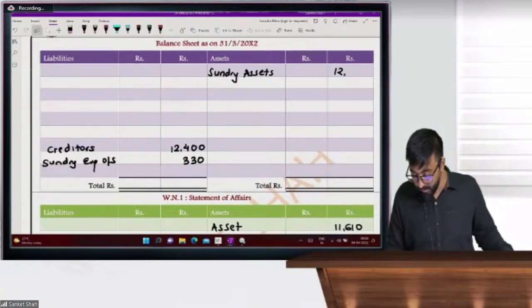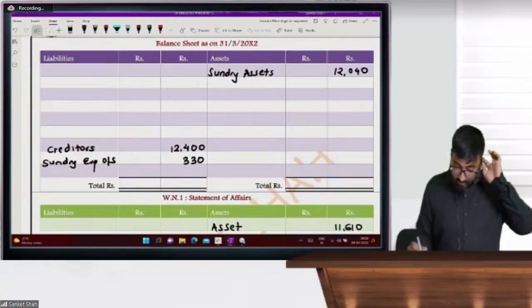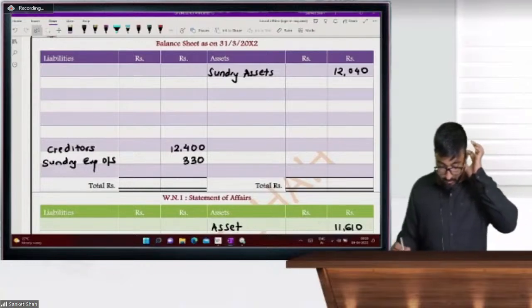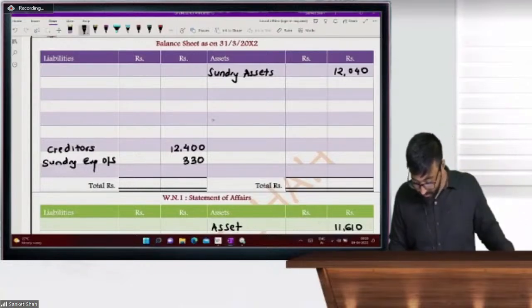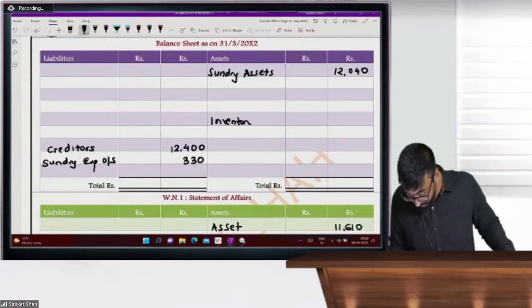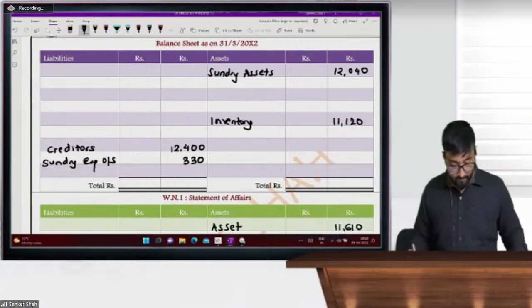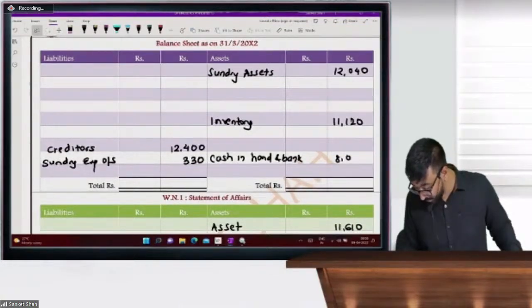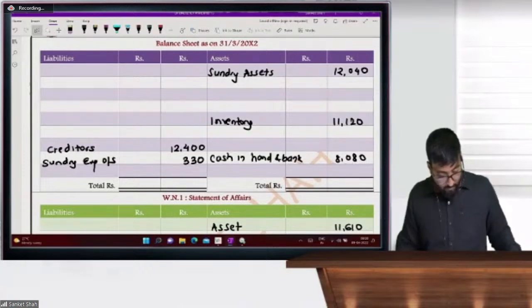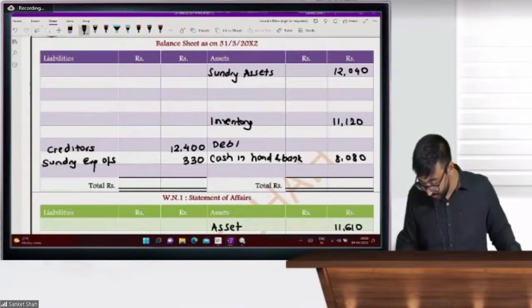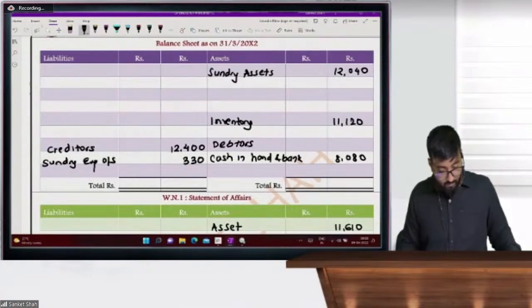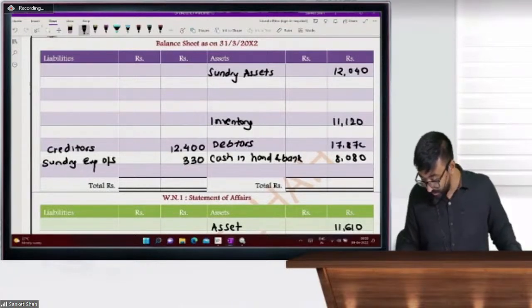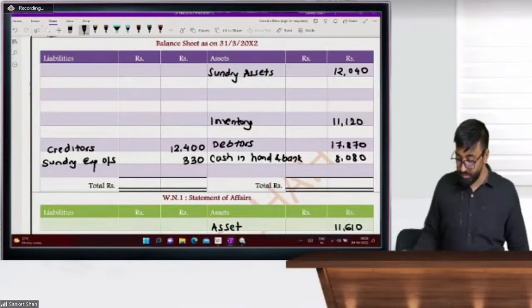Comma is important to save your timings of calculations. Inventory 11,120. Cash in hand and bank 8080. And debtors 17,870.